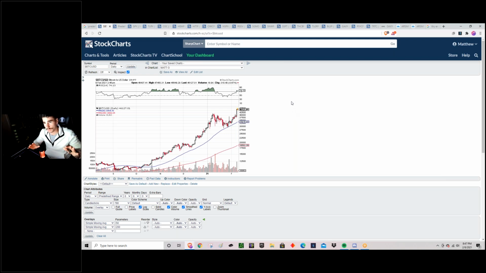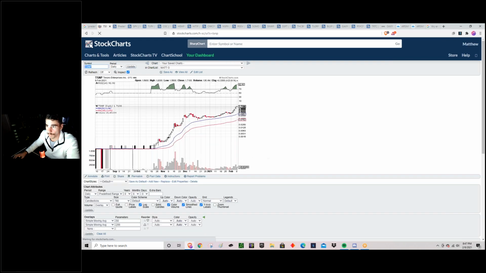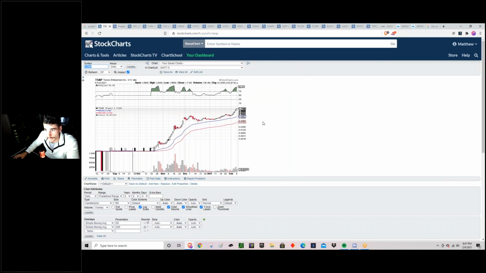But where I'm going with this is that we're kind of getting back into that super euphoric, greedy market. I mean, some OTCs that we've seen over the last couple weeks, like this TSNP, which came from 000 to now close to $2.